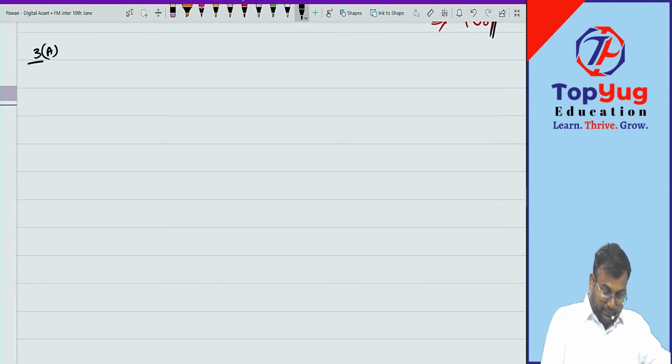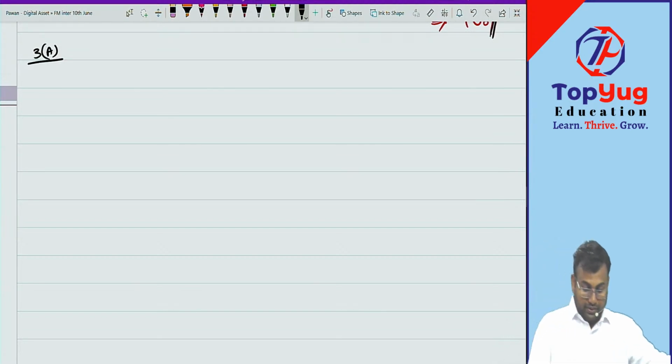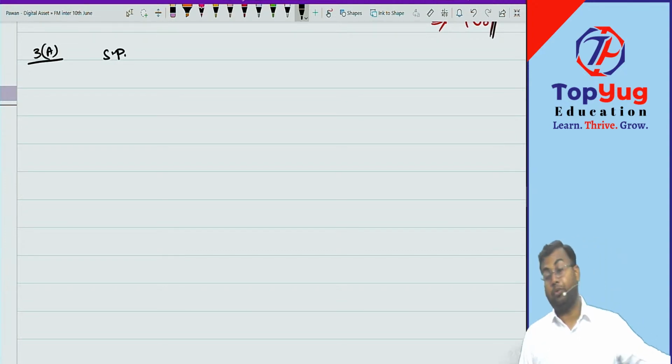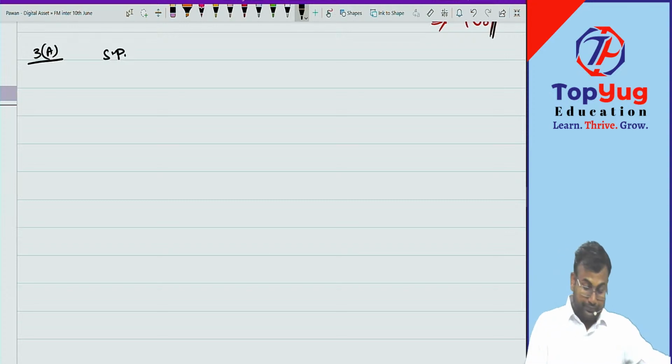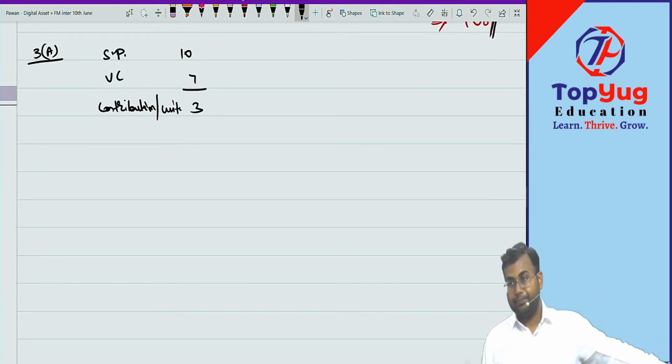Question 3A. There is only one company. Again, use the same format because combined leverage means you have to go up to EAT for equity. Selling price is how much? 10. Variable cost is how much, my dear? 7. So you have a contribution per unit of how much? 3, right? 3 per unit, no?